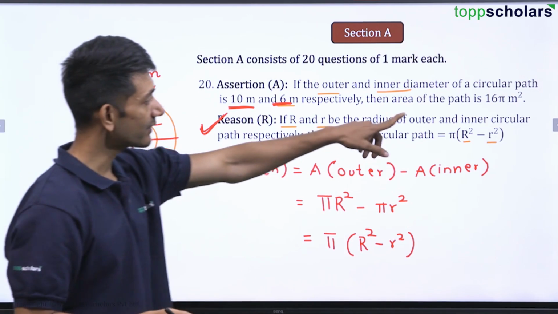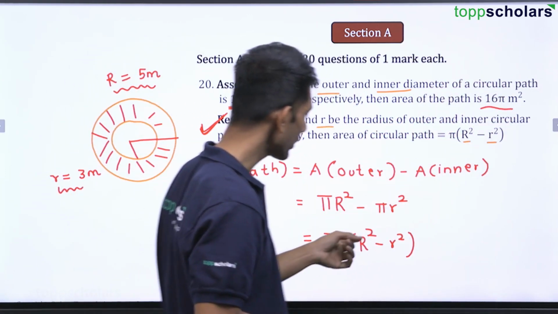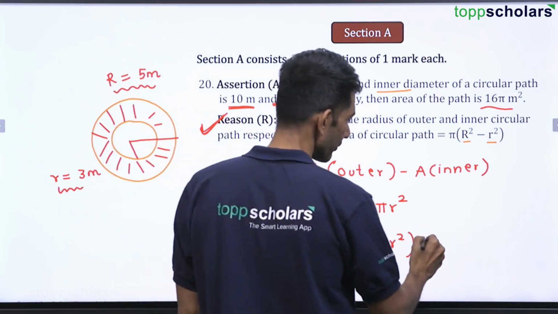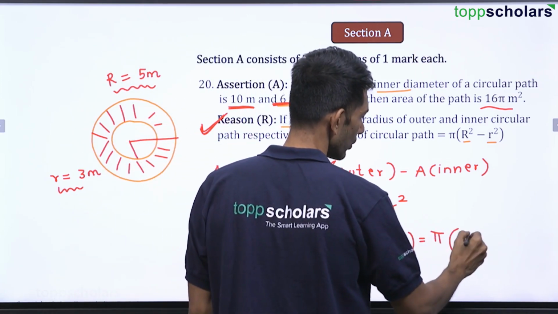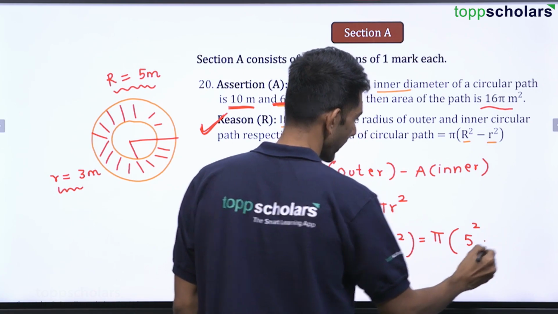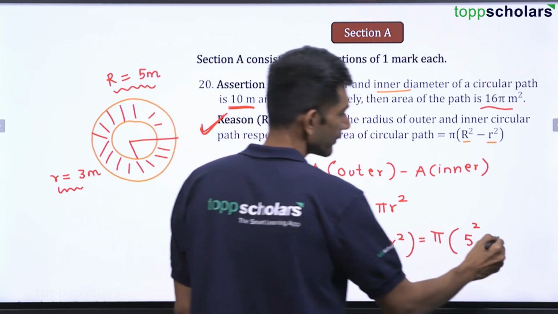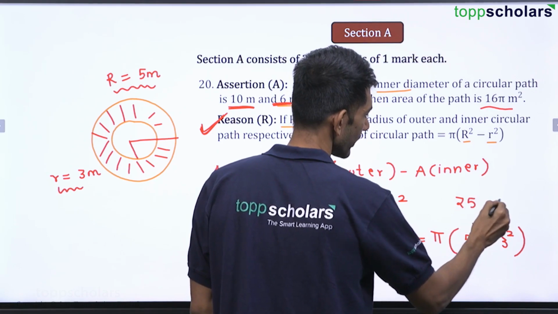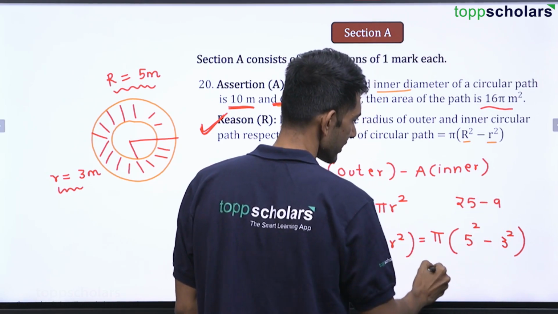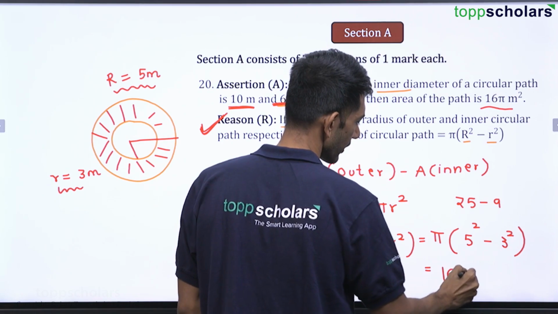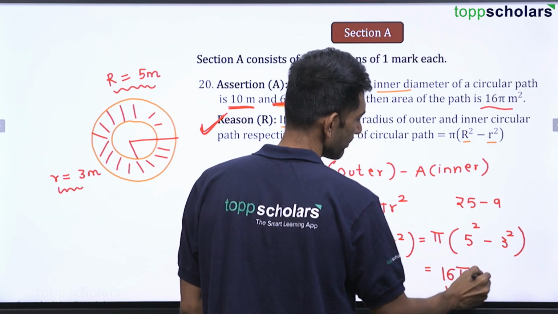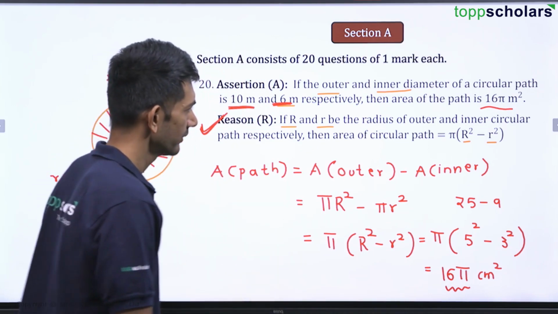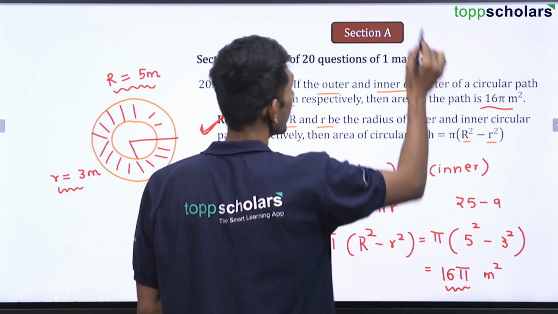But now we need to check whether this is correct or not, because I need to put the values now. What is capital R? Capital R is 5. So that gives me pi into capital R, that is 5 square, minus small r is 3, so 3 square. 5 square is 25. 3 square is 9. 25 minus 9 is 16. So I get 16 pi meter square, as per the question.